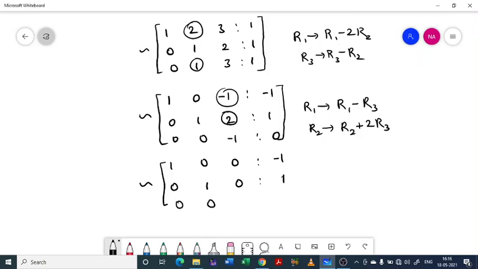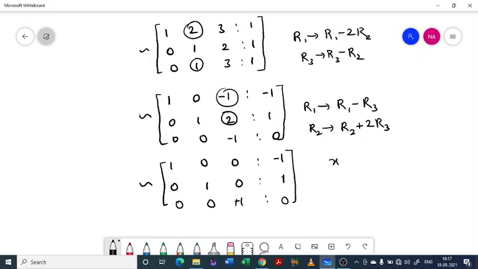Last row 0, 0, minus 1, 0. You can make it plus 1 if you want, by multiplying by the minus sign.